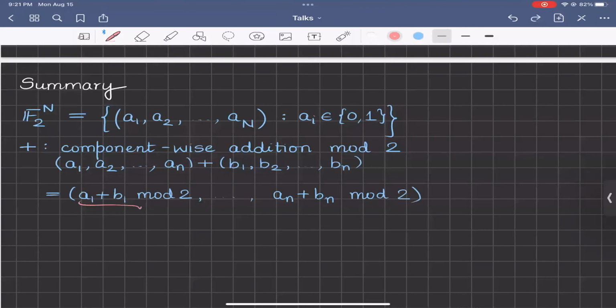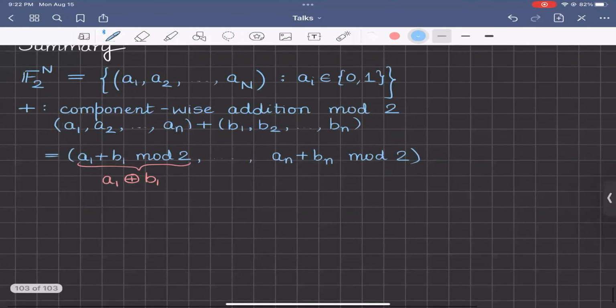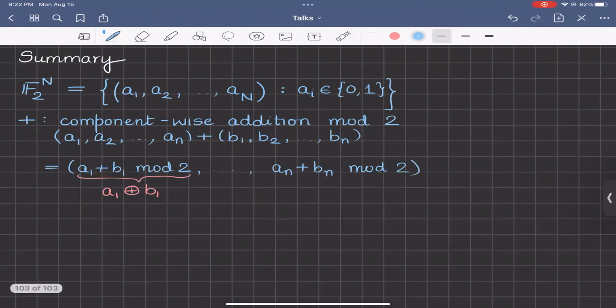This thing is also called A1 XOR B1. XOR means exclusive OR, so it's one if and only if exactly one of them is true. So that's the logic behind the name. And scalar multiplication is defined as follows.